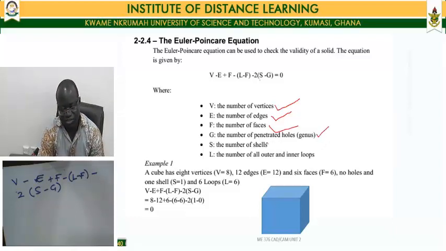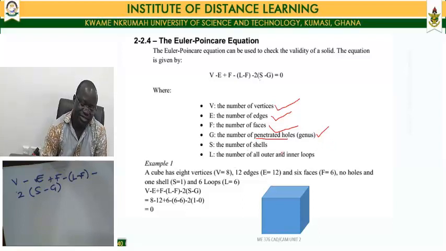Now the shell is the skin around the object. So every object has one shell around it. Unless there is an internal void in the object, the shell is always equal to 1.